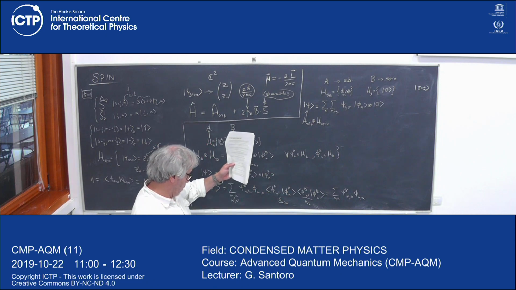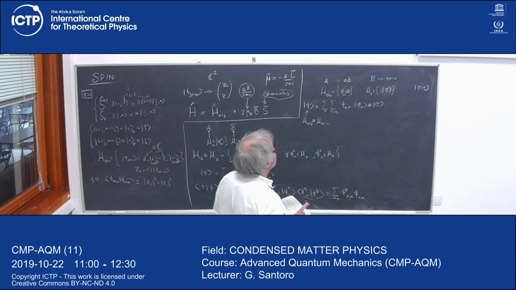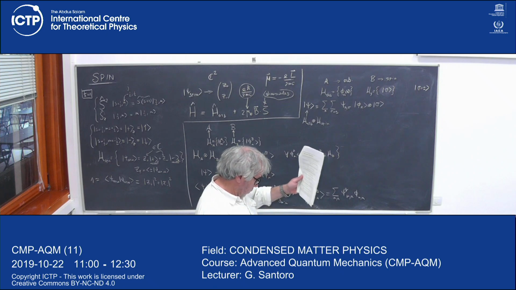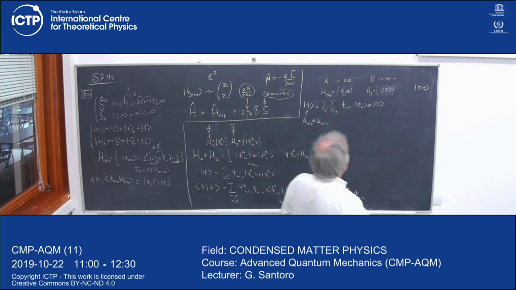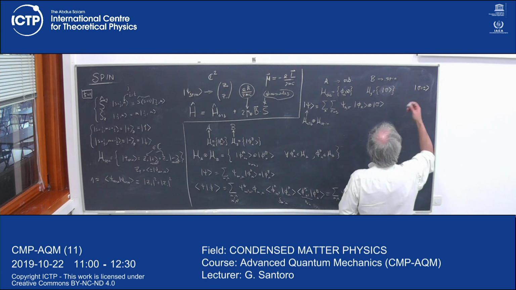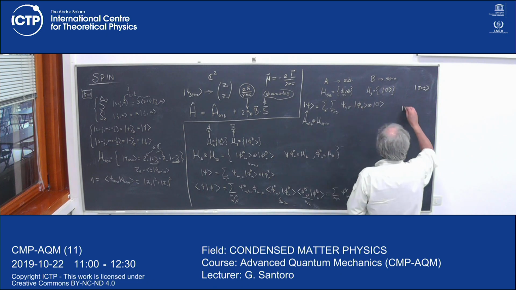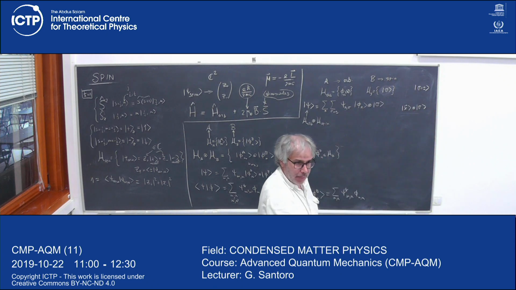In this setting that I told you to consistently write, now let's try to write a real space representation. How to obtain a real space representation? In general, I have to take a scalar product with position eigenstates, right? Such an object is a position eigenstate of spin sigma. So I glue together a position eigenstate with a spin sigma.